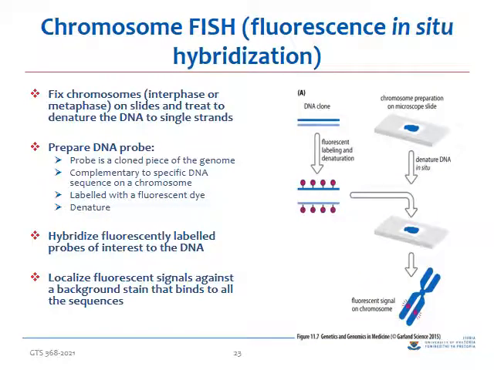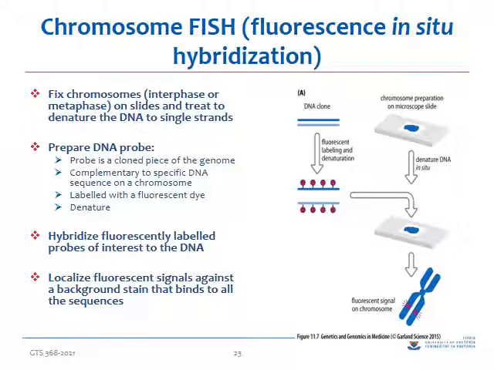Here is the method a little bit more in detail. So you start with fixing your chromosomes on slides. You denature the DNA to single strands. You then prepare your probe. It's a cloned piece of the genome that has DNA sequence complementary to the area that you want to investigate.